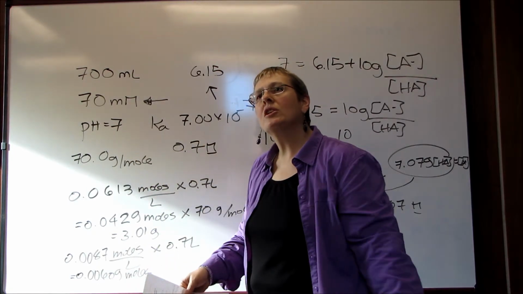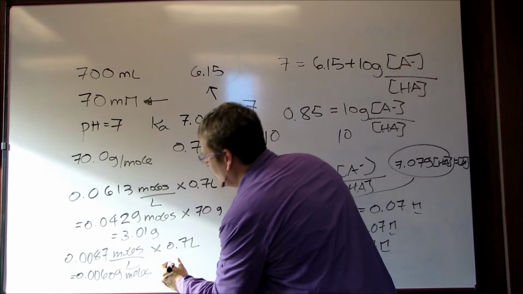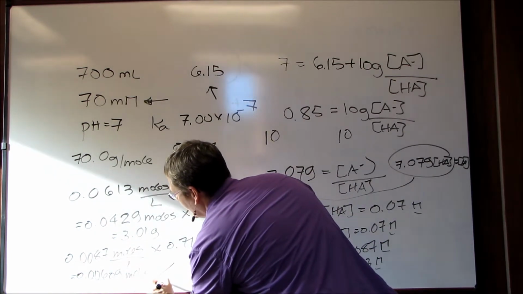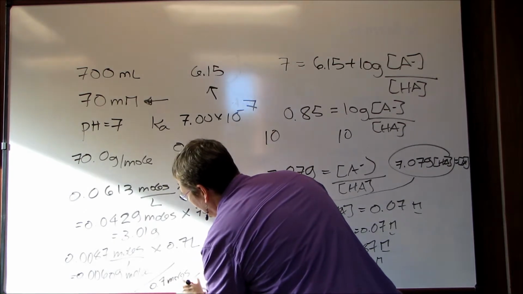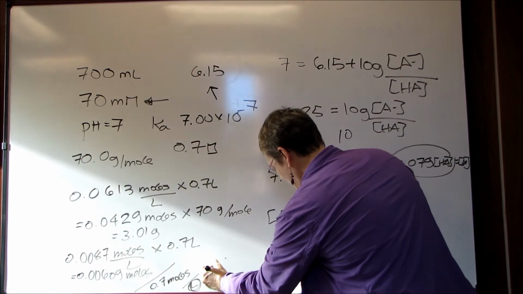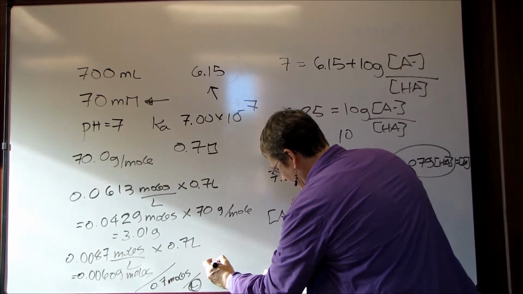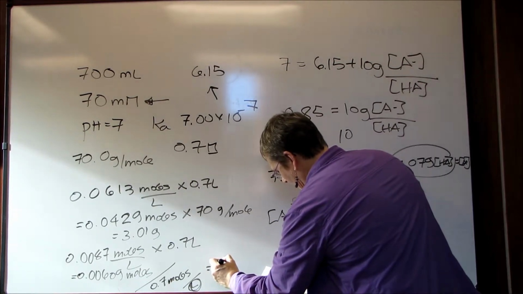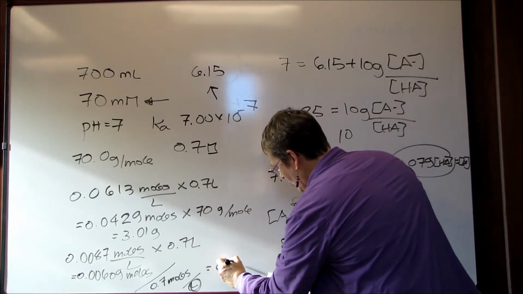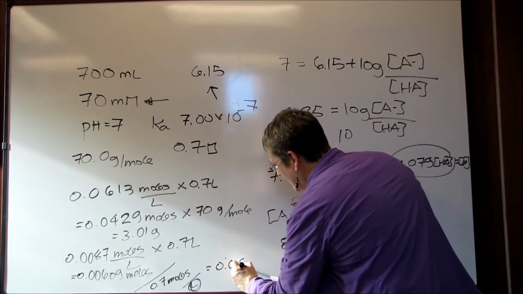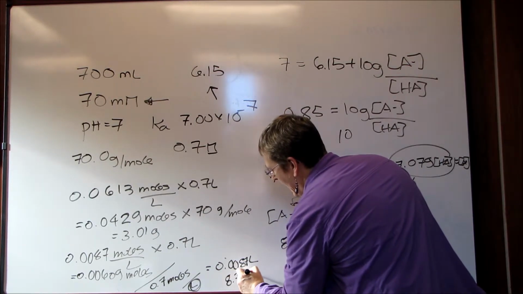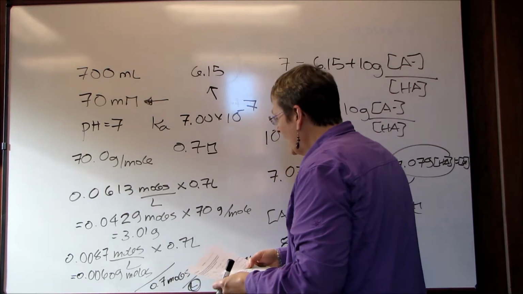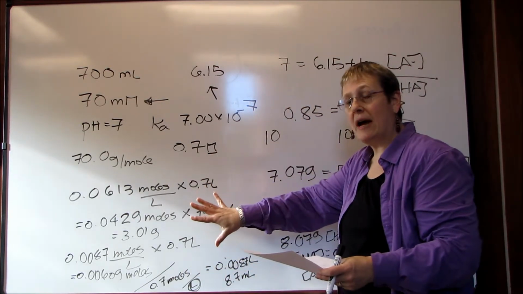Now I have a stock solution that's 0.7 moles per liter, so I need to divide by the concentration of my stock solution to get my unit in liters. That gives me 0.0087 liters, which is 8.7 milliliters. Okay, so that was the first part of the question, how to make the buffer.